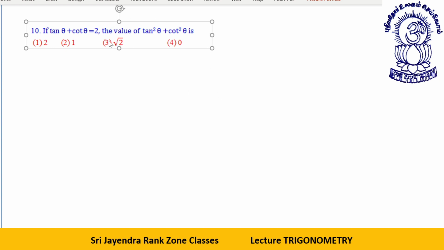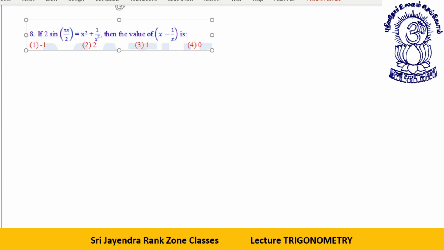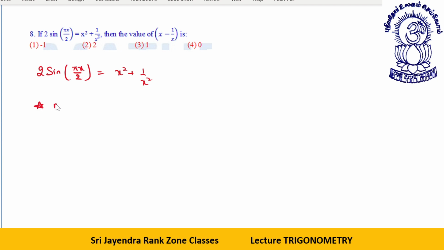So let's take a different one now. This is something like 2 sine pi x by 2 is equal to x square plus 1 by x square. This is a pure conceptual question, okay. You have to find x minus 1 by x. Students, see, first of all, a very, very important thing: the maximum value of sine theta is equal to 1.